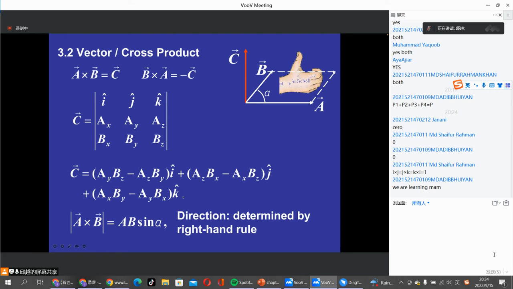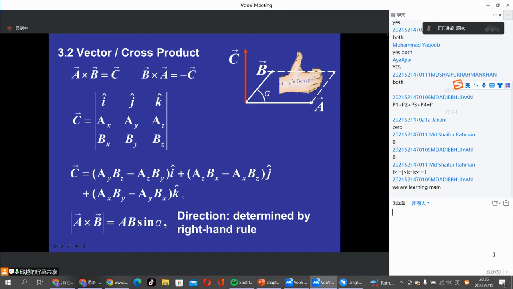Let me repeat it. In order to define the direction of the cross product, you need to first put up your right hand. You have a thumb and four fingers. First, put your fingers towards the direction of the first vector.